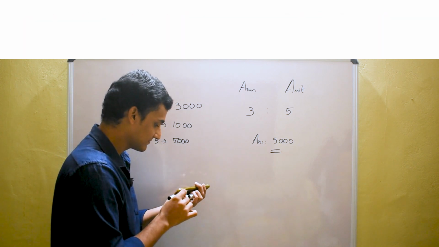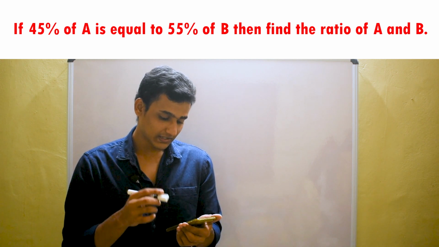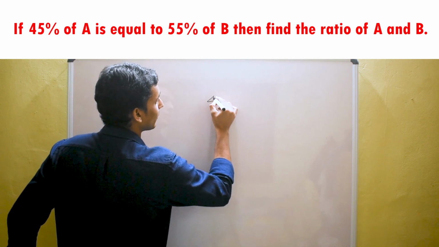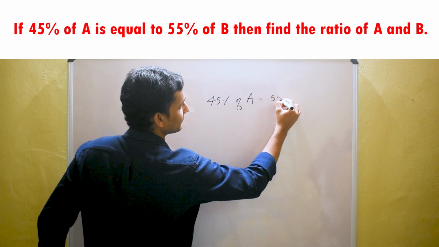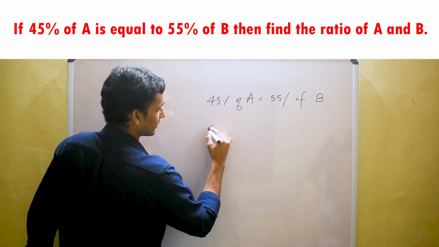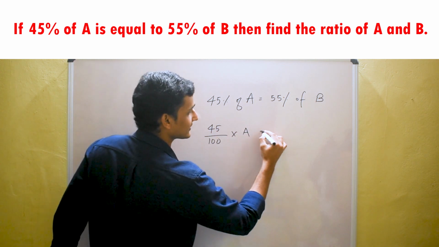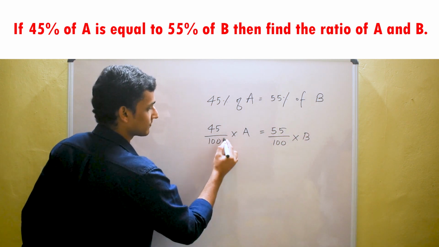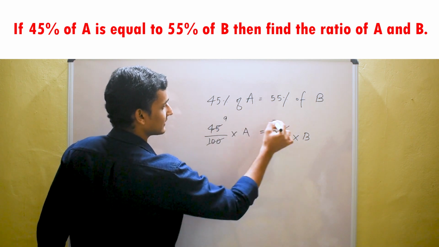Let's go for the next question. See this question. If 45% of A is equal to 55% of B, then find the ratio of A and B. It is given that 45% of A is equal to 55% of B. Now, 45 by 100 into A is equal to 55 by 100 into B. Cancel 45 and 55, 9 and 11.